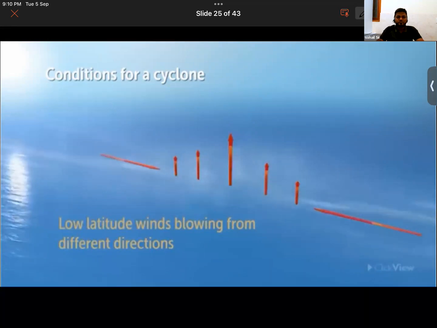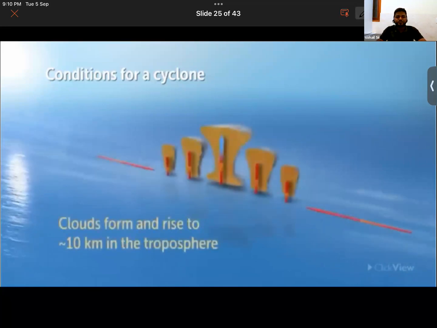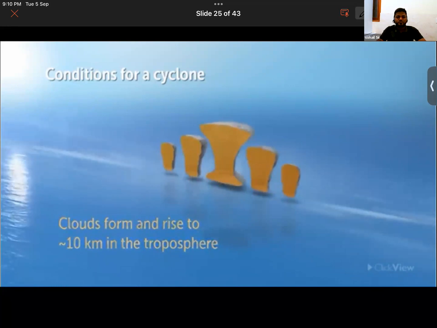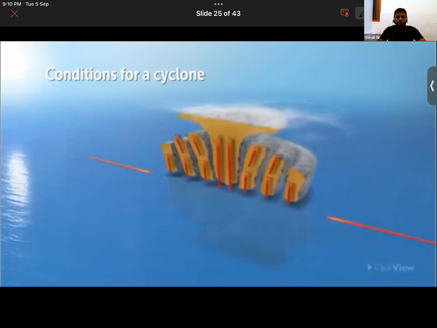The rising air contains huge amounts of moisture evaporated from the ocean's surface. As it rises, it cools, condensing to form huge clouds about 10 kilometers up in the troposphere. More warm air rushes in and rises, drawn by the draft above. The rising drafts of air carry moisture high into the atmosphere, so that these clouds eventually become very thick and heavy.